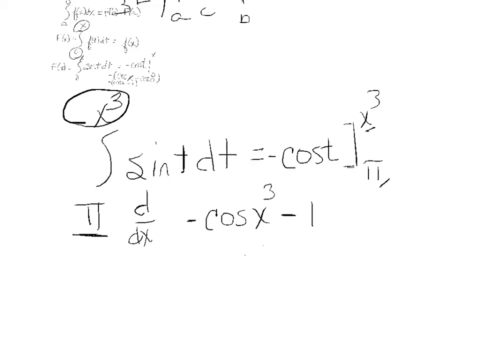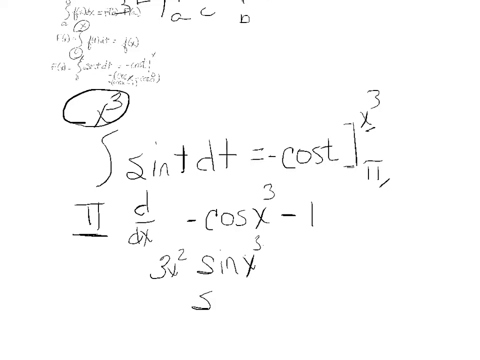Okay, let's think about this. What's the derivative of the cosine? Negative sine. So we're going to get the sine x cubed. What's the derivative of x cubed? 3x squared. And what's the derivative of a negative 1? 0.